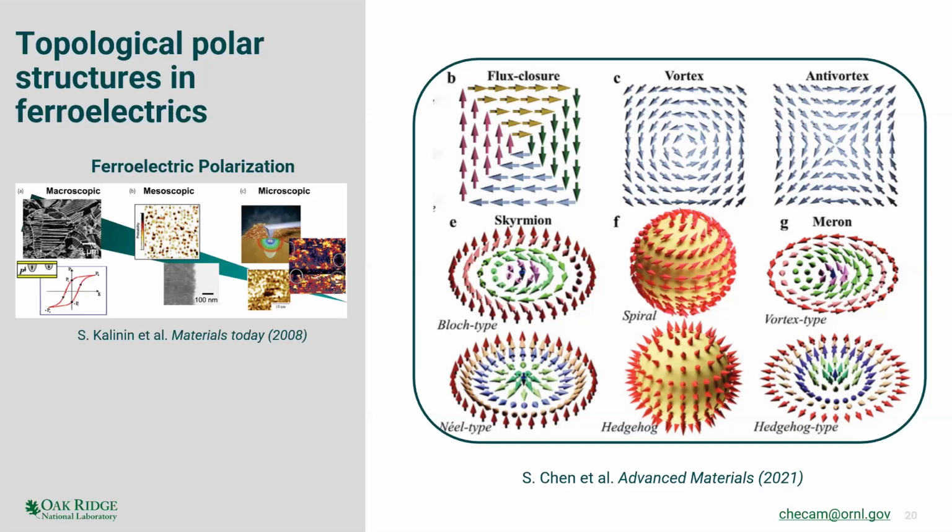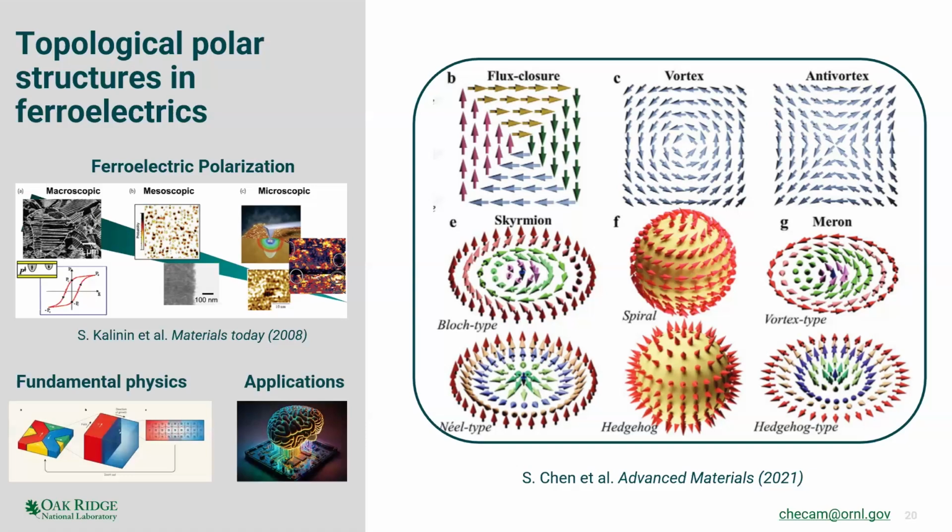So we have a zoology of flux-closures and vortices and skyrmions and merons and you name it. Those types of polar structures are really interesting from the application side of things, right? But they're also very interesting from a fundamental physics standpoint because they allow us to probe the energy landscape of this type of materials.